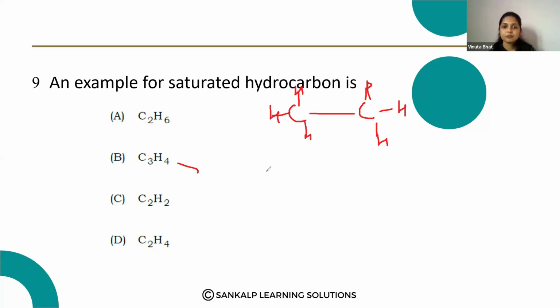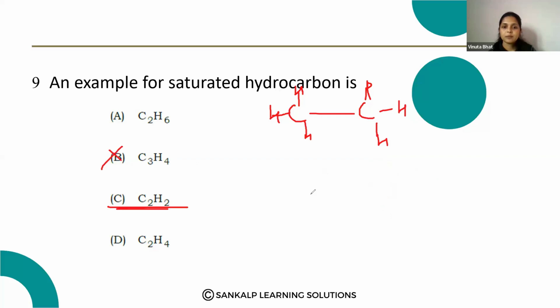Yes, C3H4: here only 4 hydrogens, so I will take the double bond, or here I will take the triple bond. 1, 2, 3, 4 H, and the carbon valency is also fulfilled. Okay, so here a triple bond is there, so it is not a saturated hydrocarbon. Option B is wrong.